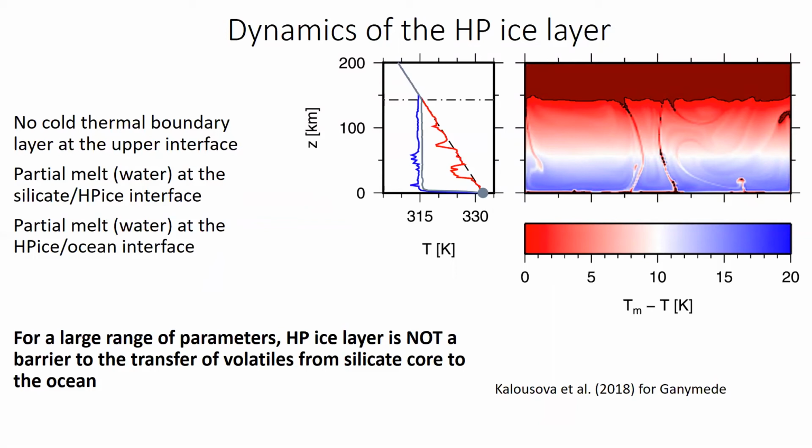Those fluids are water, and we have to flip our intuition about ice, because for high pressure ices, those fluids are going to be less dense than the solid. So what you could think of is sort of hydrothermal systems in high pressure ice, right? These are fluids that want to migrate upward, and so you should have some kind of circulation in the ice.